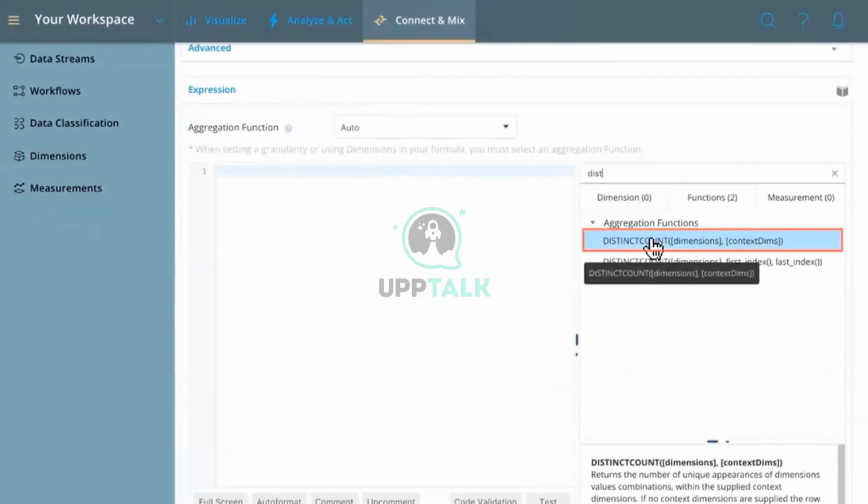We will count the number of countries, that is, the distinct number of countries present here, and then we will have the context dimensions. Context dimension is nothing but providing the formula with the context to perform its calculations. Why is a context needed in these functions which are at workspace level?